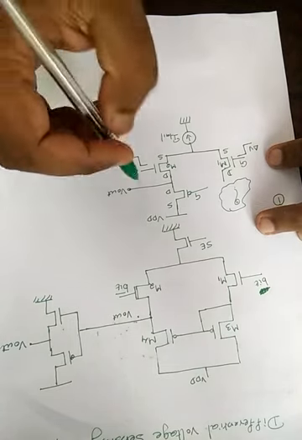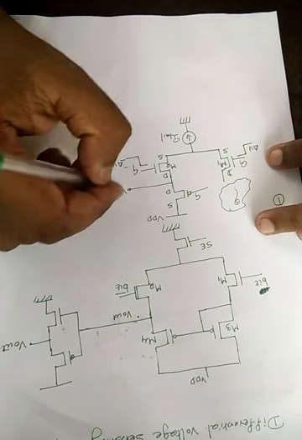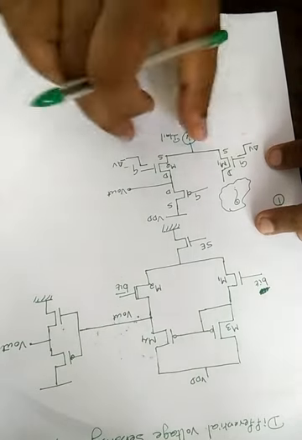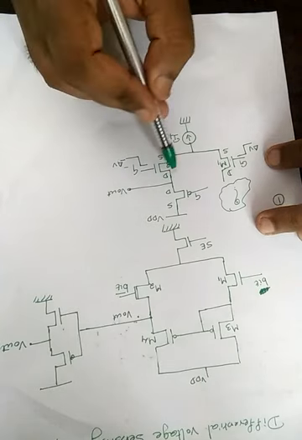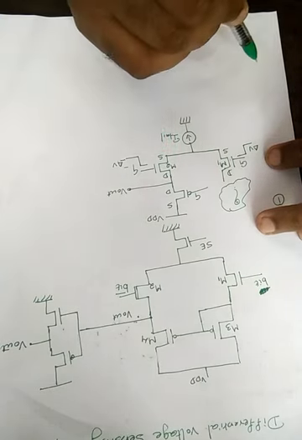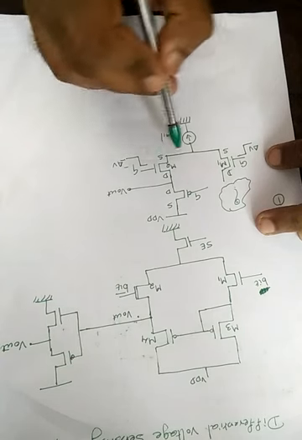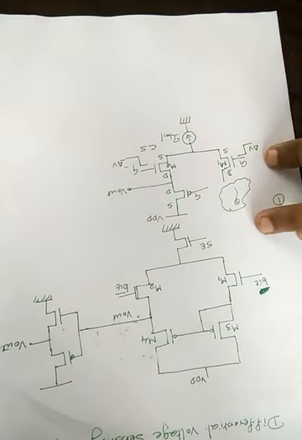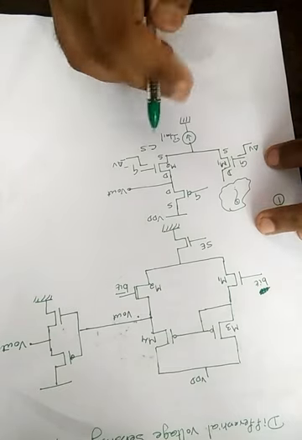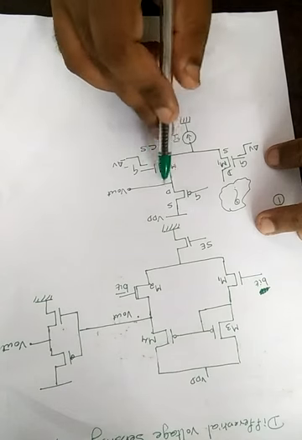Our aim is to find what actually happened with this V out if you are giving this type of an arrangement. So analyzing this circuit or this NMOS, you can simply say that this NMOS is connected in common source mode. This NMOS is connected in common source because source is common to both input and output.